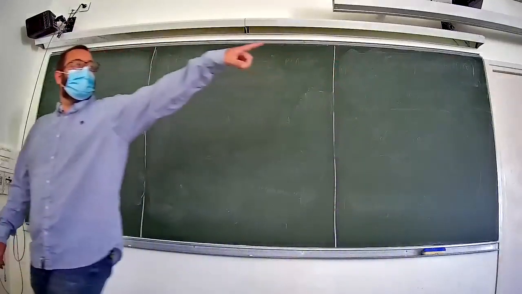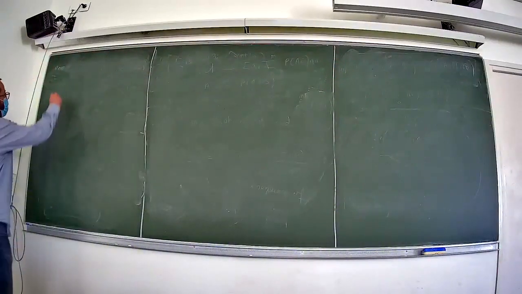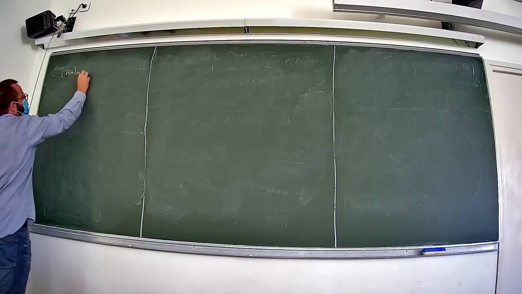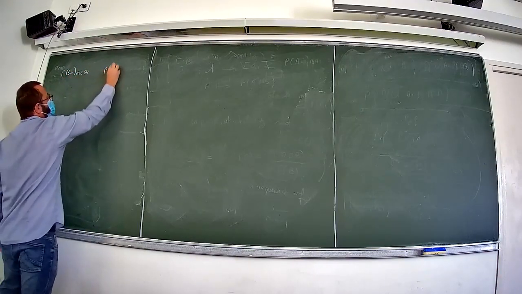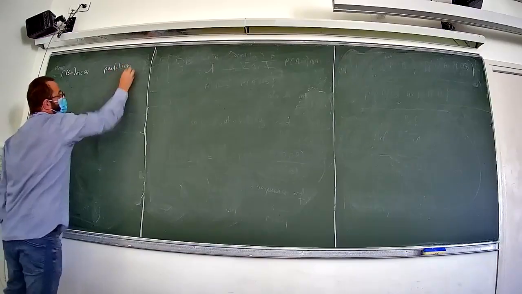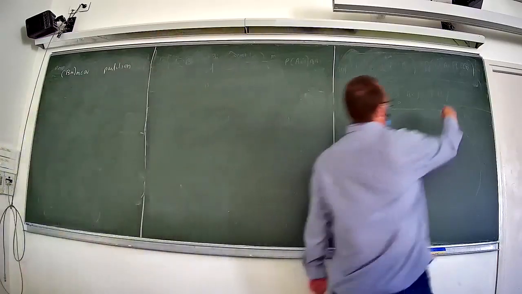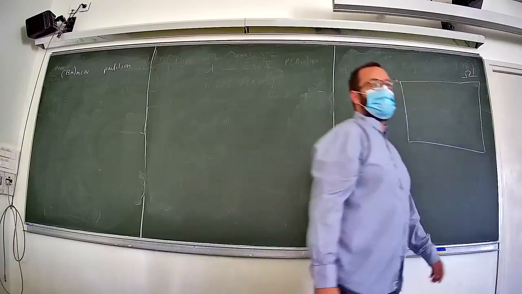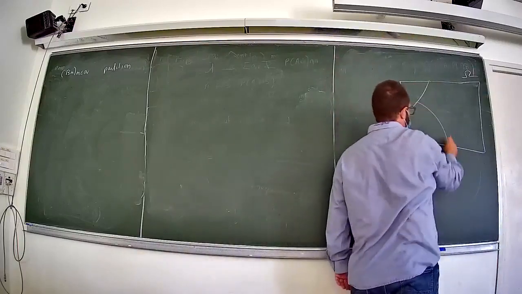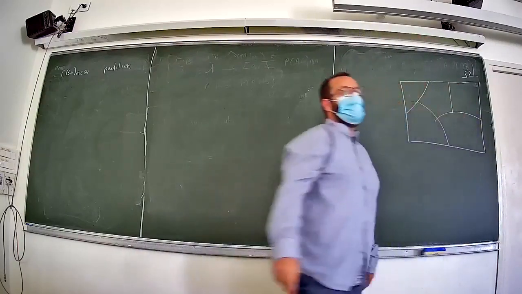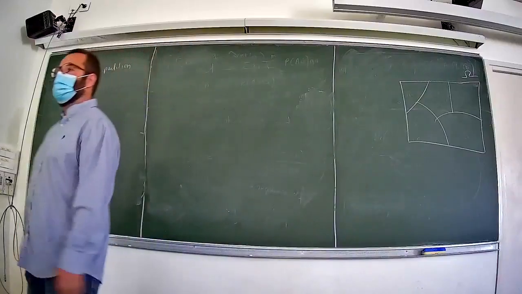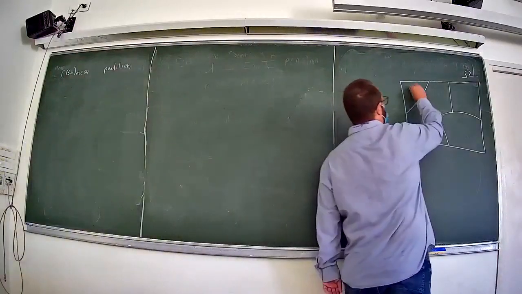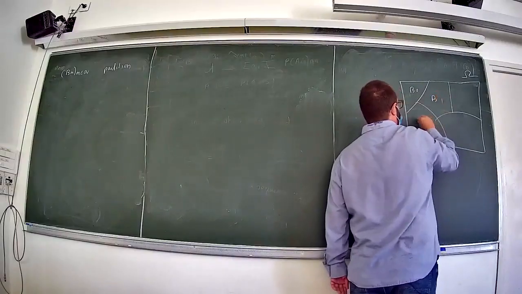So, in theorem 5, I consider Bn to be a partition. If I do a picture, a partition is this kind of thing. You have the universe, and you cut it in smaller parts without overlap. So you have B0, B1, B2.